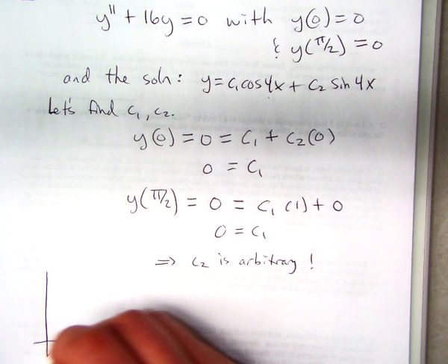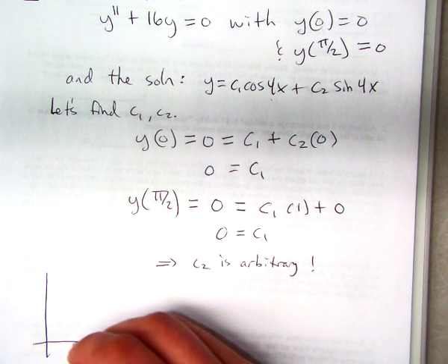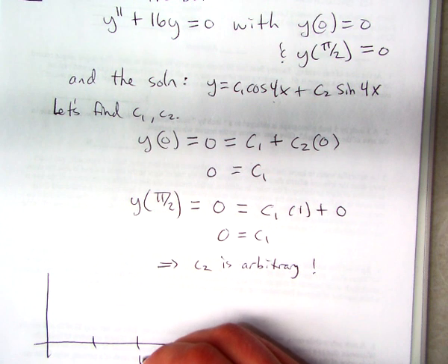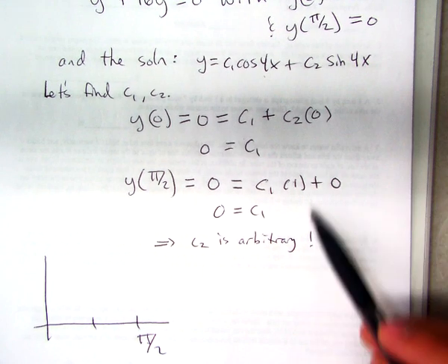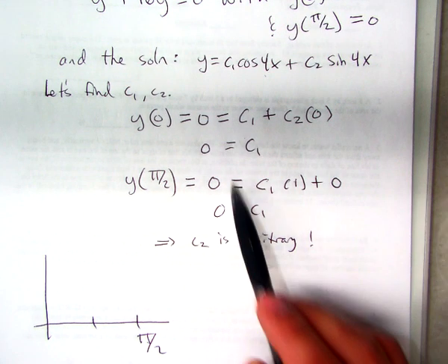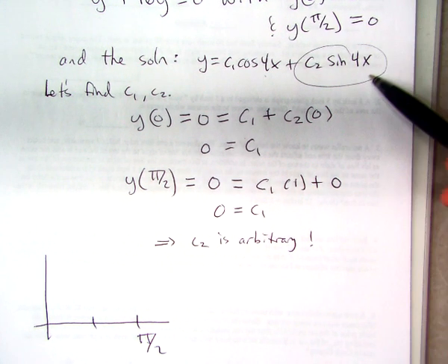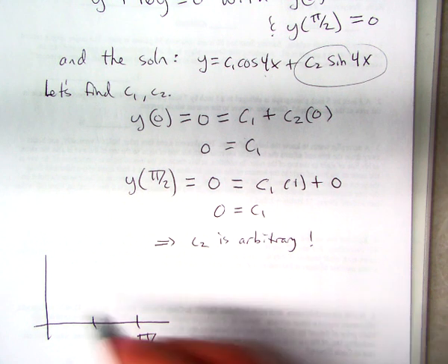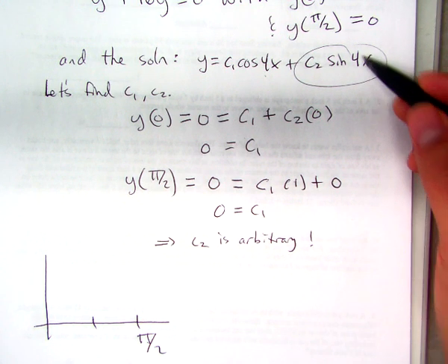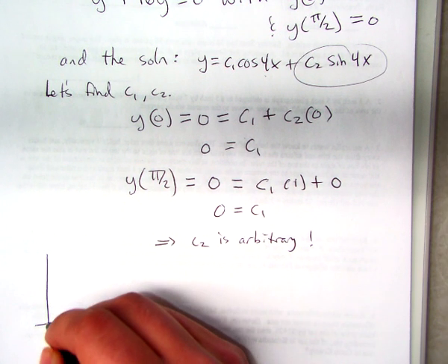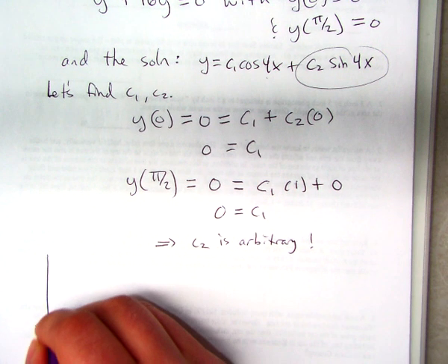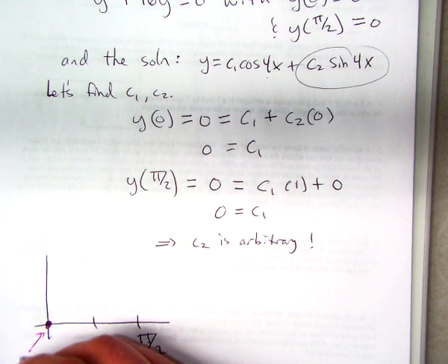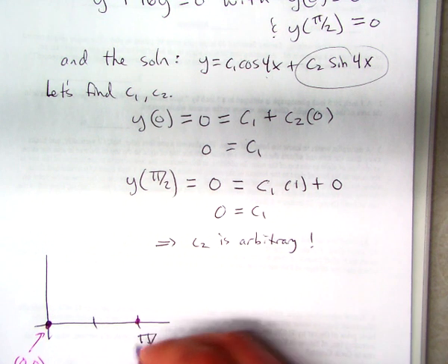Okay, so here's why. If I graph, if C1 is 0, then basically what we're talking about is a function that looks like sine of 4x. So the period would be 2 pi over 4 or pi over 2. And then here are the points that we're talking about. Here is 0, 0.